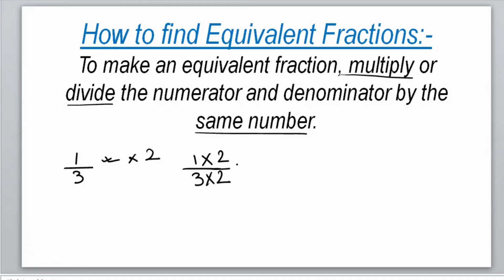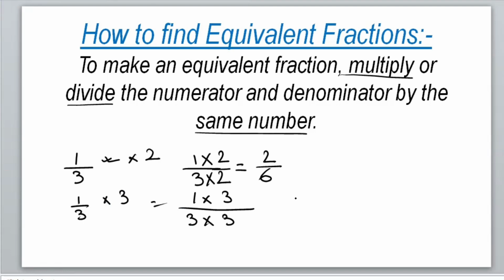Okay, then what will be the equivalent of 1/3? 2/6. 1/3 is equivalent to 2/6. Now 1/3 multiplied with 3: 1 will be multiplied with 3 and 3 will also be multiplied with 3.